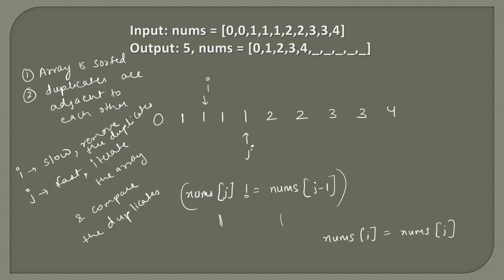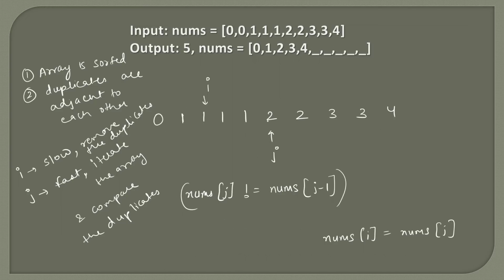Now again value at jth index is 1 and value at j minus 1th index is also 1, so this condition comes out to be false and we simply traverse j one step ahead.